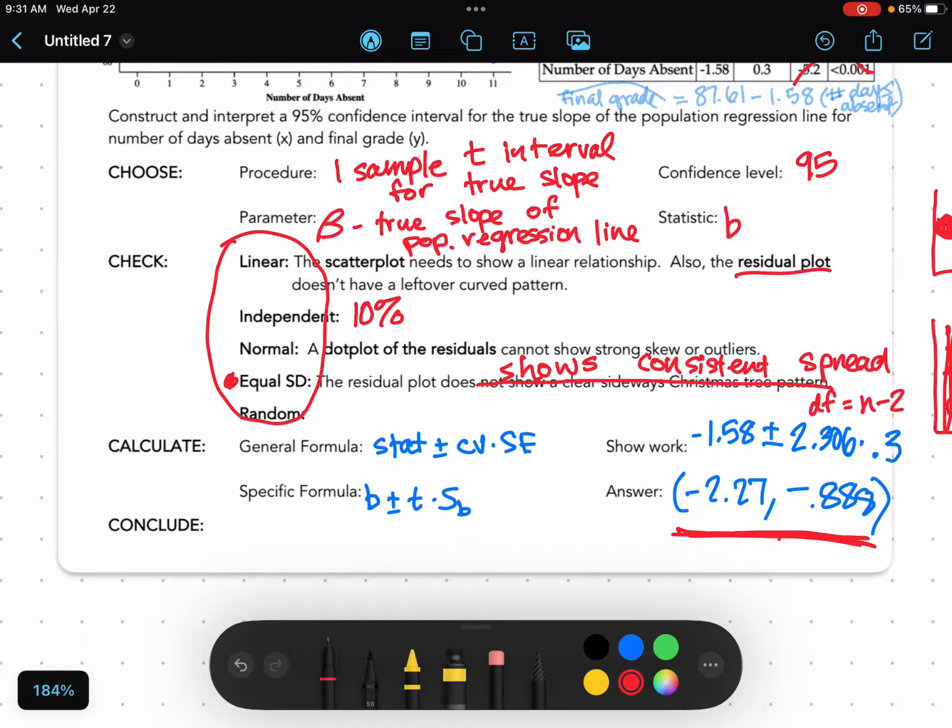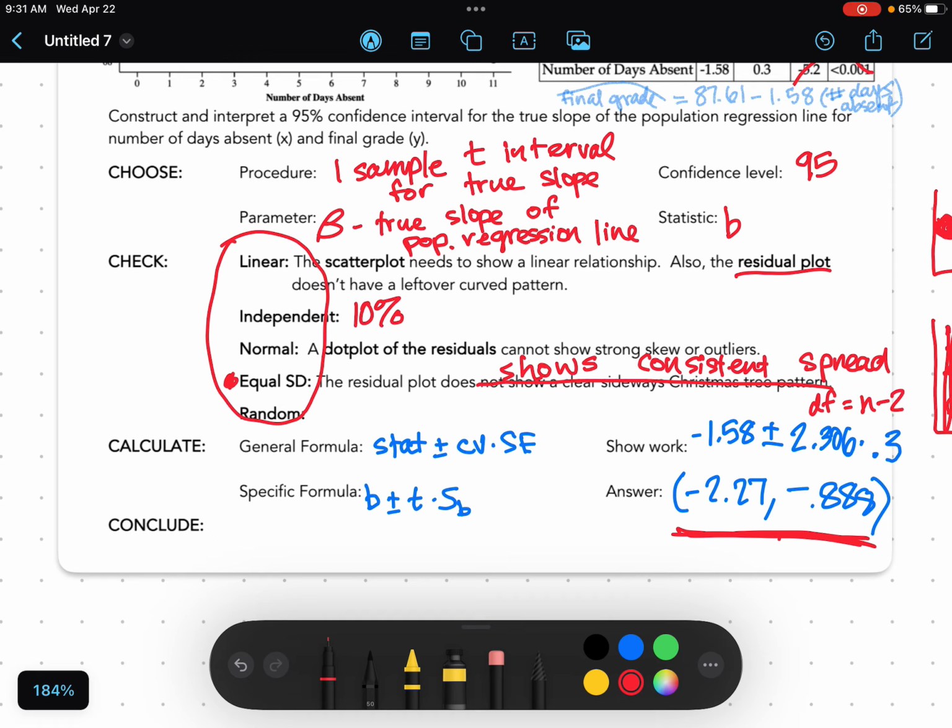Or they might say, has this met the conditions? Oh, I didn't even talk about the random condition. It should have been random. But these are the conditions: linear, independent, normal, equal standard deviation, and then random.